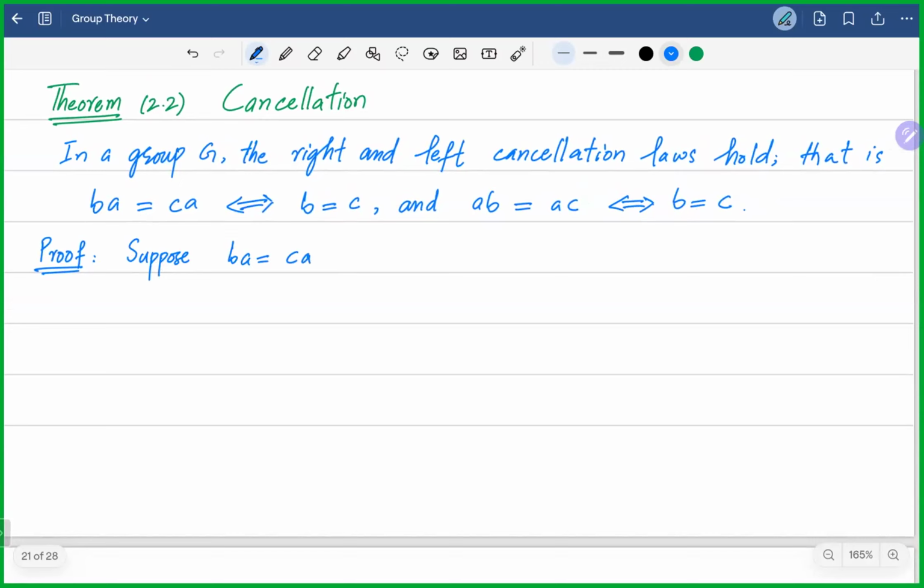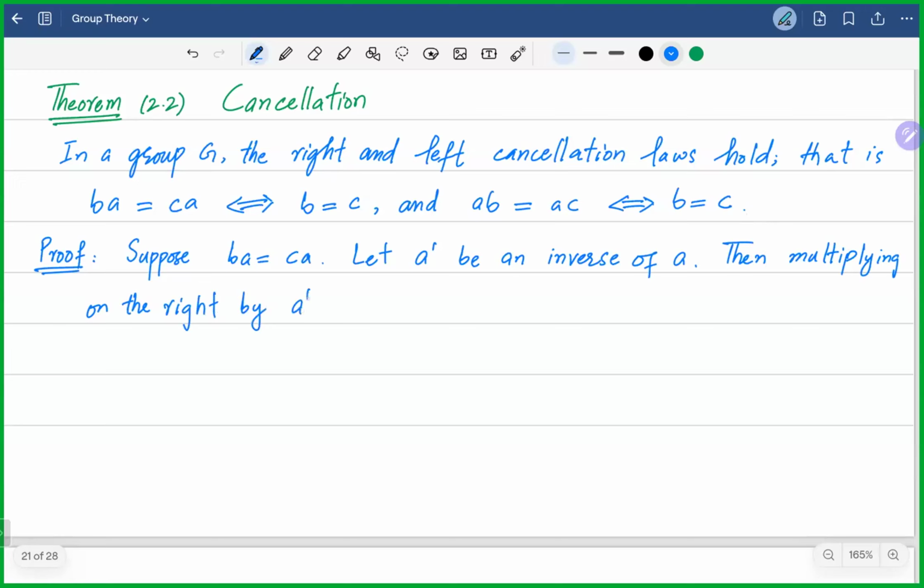Then we just need to let A prime be an inverse of A, then multiplying on the right by A prime yields BAA prime equals CAA prime.